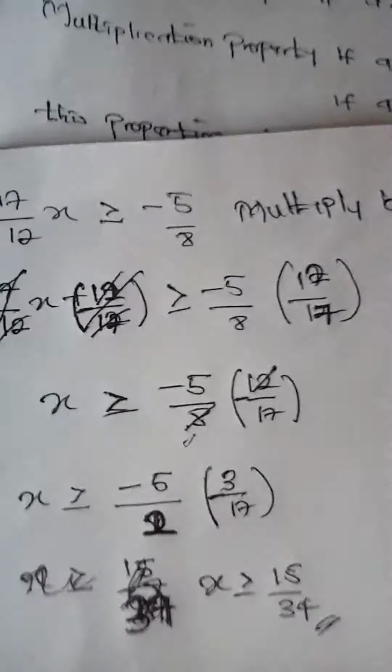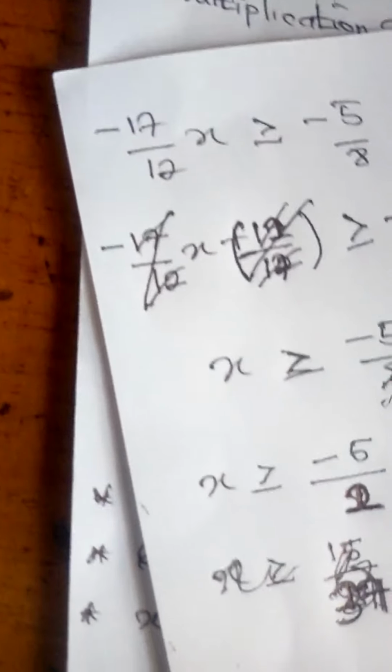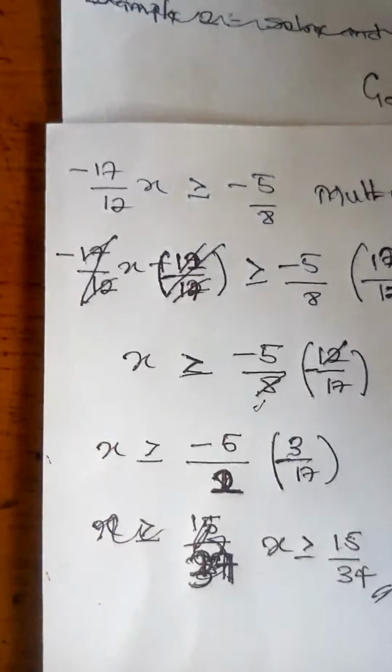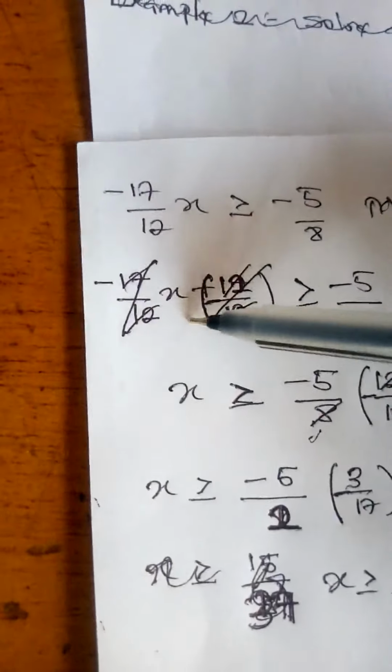So we continue there. Now multiply both sides by the reciprocal of the coefficient. We multiply both sides by minus 12 over 17. So we brought 12 up and took 17 down to multiply this equation.